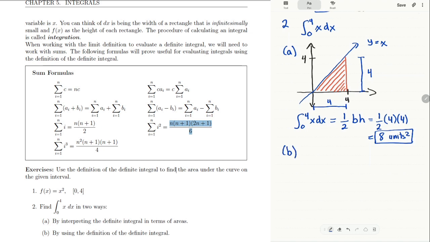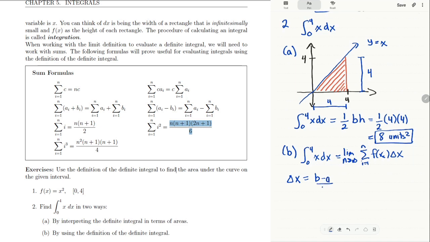So now let's also calculate the area by using the definition of the definite integral. So the integral from 0 to 4 of x dx is the limit as n goes to infinity of the sum from 1 to n of f of xi times delta x. So let's calculate delta x.